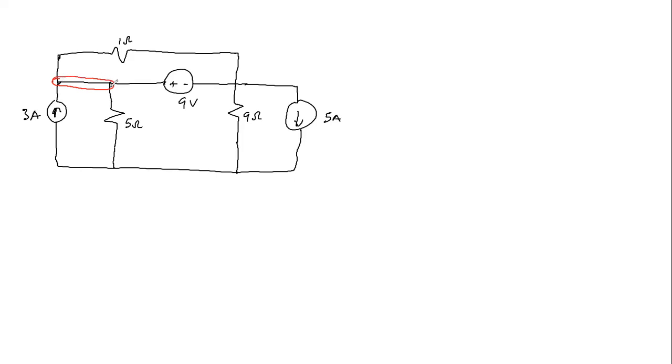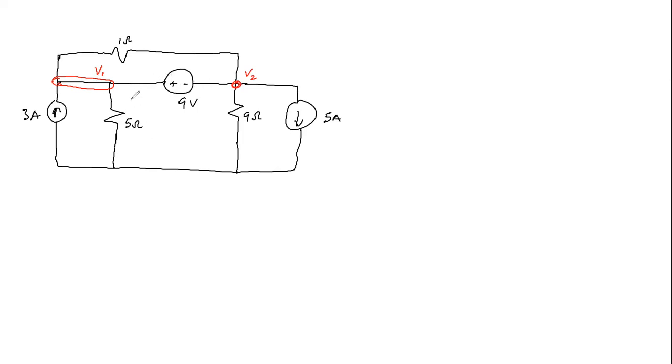We could modify this by putting them all at the same point, okay? Then we have a 3 amp current flowing through, say V1. Then here again is another node, say V2. Those are the 2 nodes.